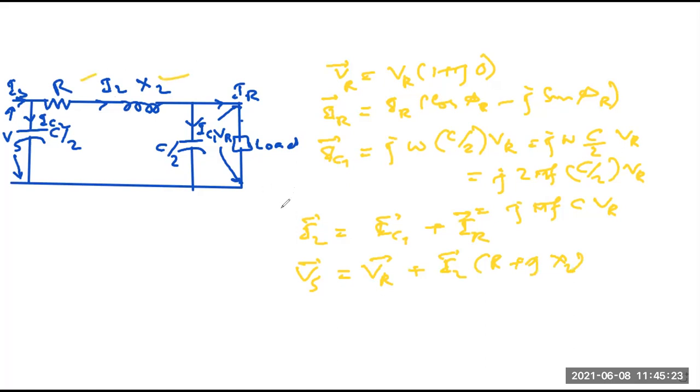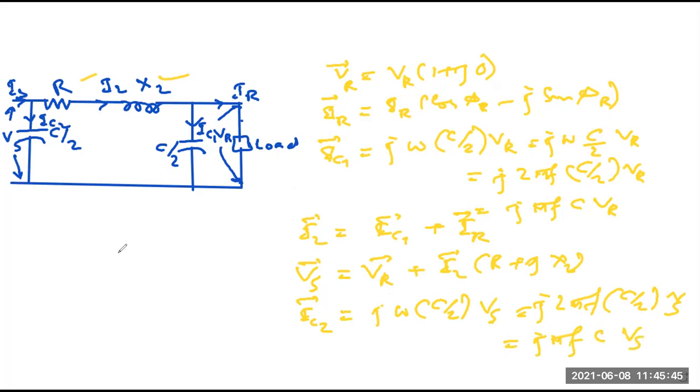Then IC2 in a similar way is J omega C/2 into VS, so J pi F C into VS. Finally, IS will be equal to IL plus IC2.